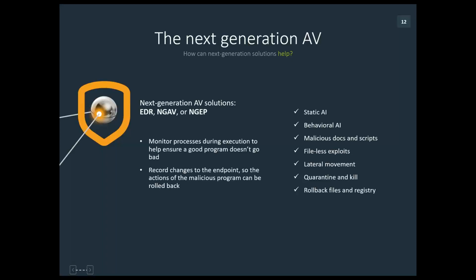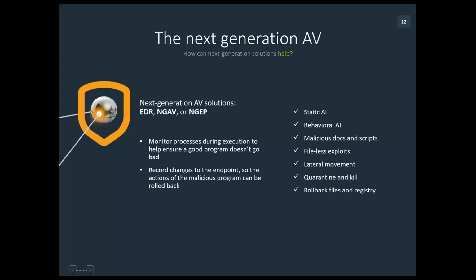Instead of just analyzing the file, they monitor behavior of the file, what it does within the system, what kind of changes it does, and based on that, they execute certain actions, as we will see later. They can also record the changes that were done to the endpoint, which makes it much easier for an IT service provider to remediate these issues.